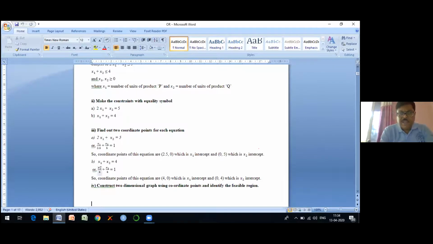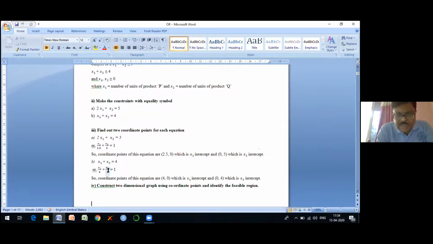Obviously, from here, we can understand the value of x1 is 4, and here there is no value of x2. Therefore, the coordinate point is x1 equal to 4 and x2 equal to 0. In the same way, here x2 is 4.